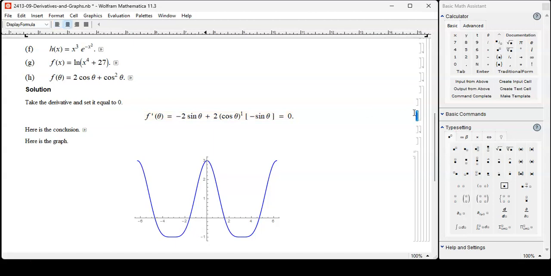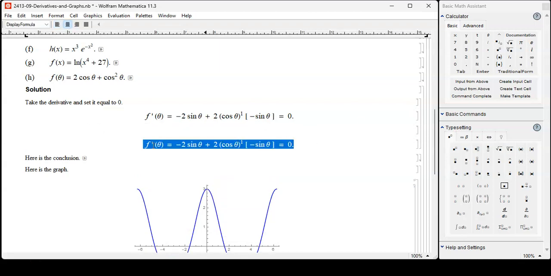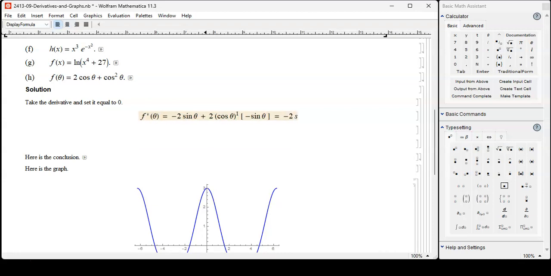Well, simplify this thing a little bit further. Negative 2 sine of theta, and then this is negative 2 sine of theta cosine of theta. Cosine to the first power, so just cosine. And then, looks like I can easily factor sine of theta out.